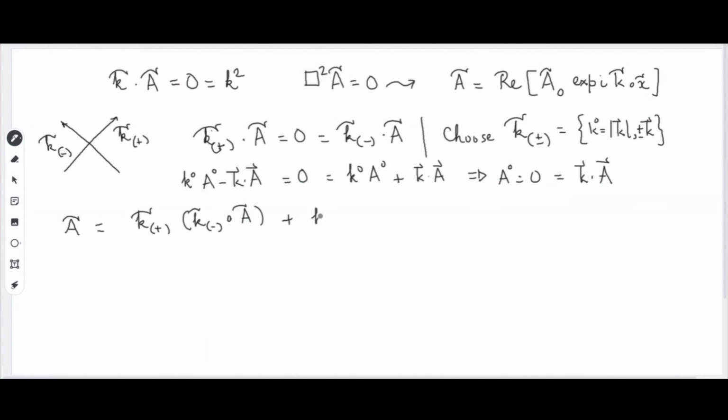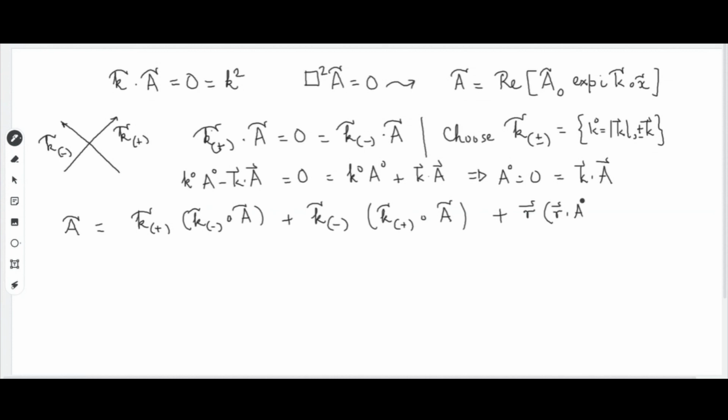Plus K minus dotted, this is just basically writing the projection operator, plus dotted into A. Plus, now these are the two linearly independent directions in the 1 plus 1 dimensional spacetime, but we have R2, so I'll pick some vector R times R dot A.